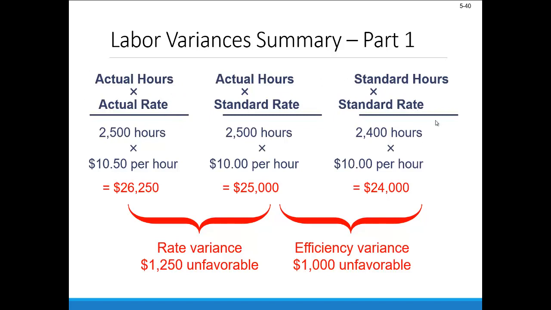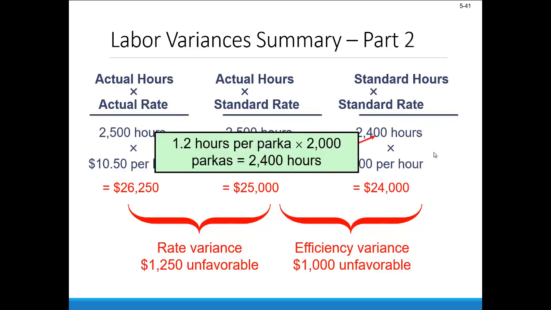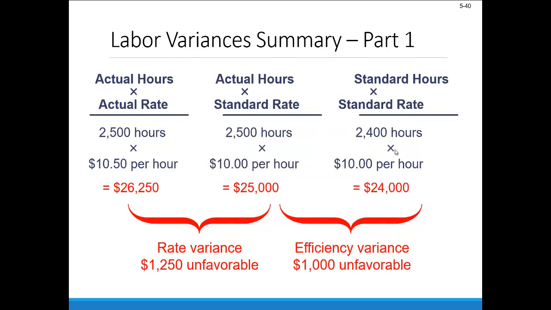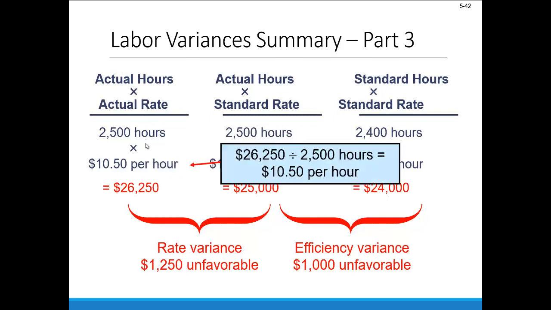So starting back with those standards, we had a total of 2,400 direct labor hours by standard. That's the 1.2 hours per jacket times the 2,000 jackets we made. So 2,400 hours times that standard rate of $10 for a total cost of $24,000. On the far left for our actuals, we were told that total direct labor cost was $26,250.